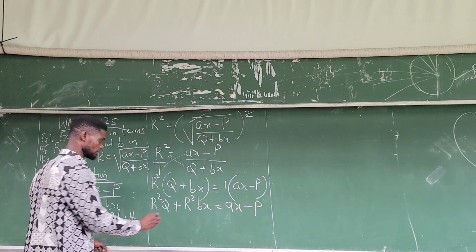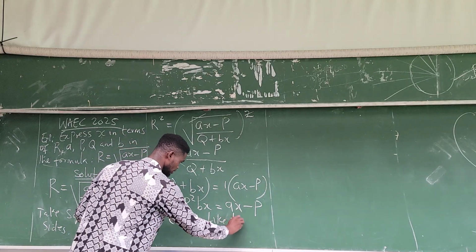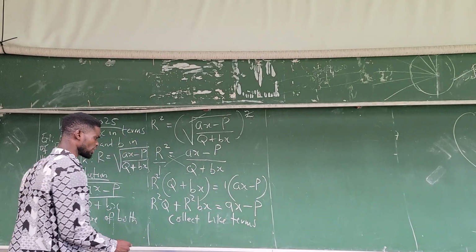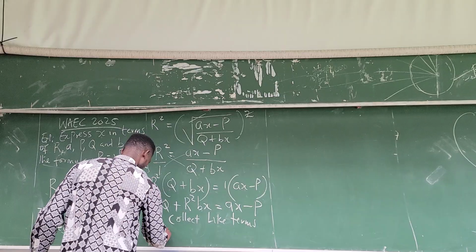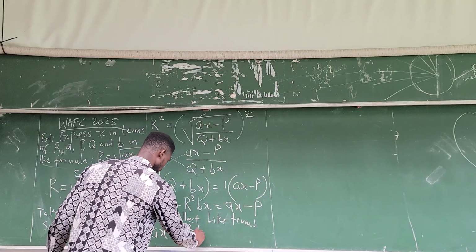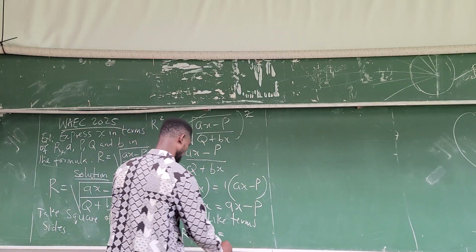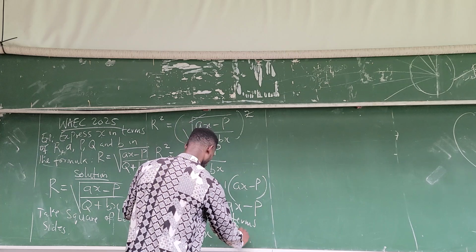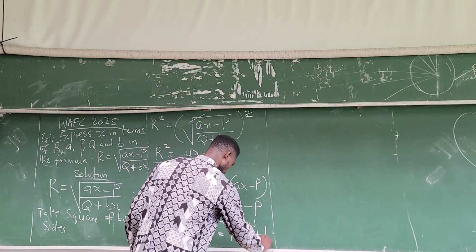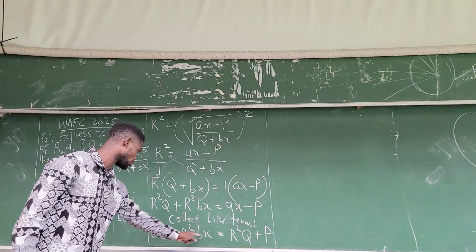So we collect like terms, because we have X here and X here. We are going to have AX; moving R square BX to join AX, it becomes minus R square BX, equal to R square Q; moving minus P to meet R square Q, it becomes plus P. Remember, we are looking for X. So what is the common factor here?